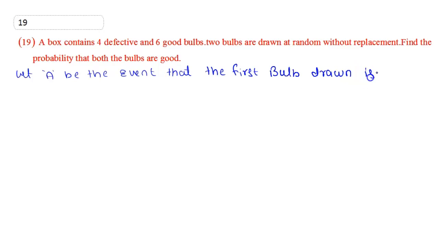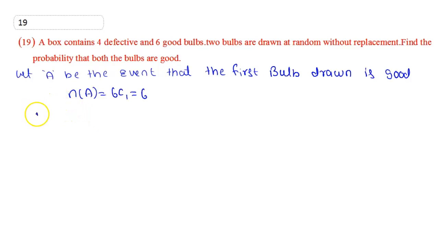Okay. So here how many good bulbs are there? 6. So n of A is equal to 6C1, that is equal to 6.